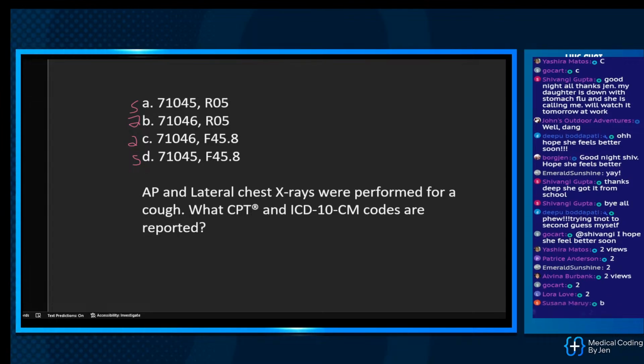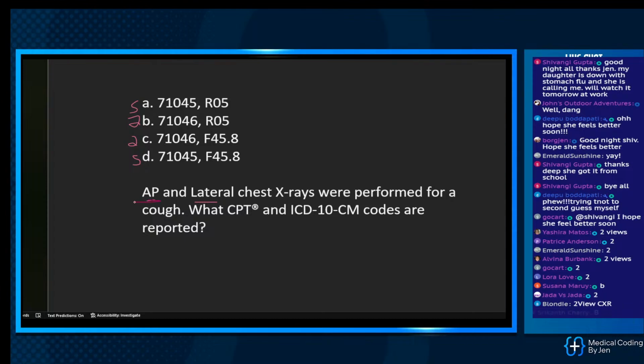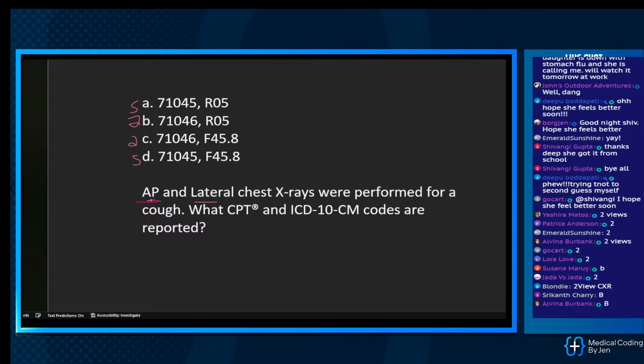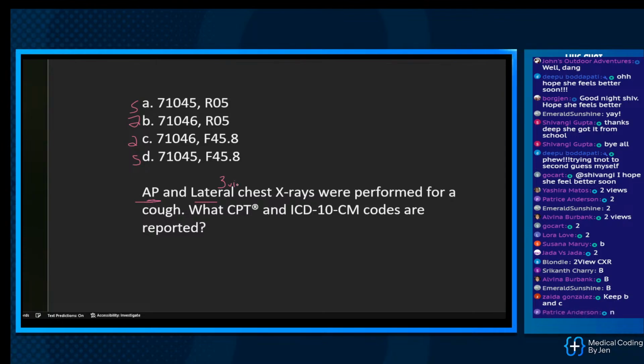Yeah. We do have 2 views. Knowing that AP and lateral is 2 views is super helpful. They have one where they actually write out the whole word for AP and with the lateral, and they make it look like it's 3 views during the exam.